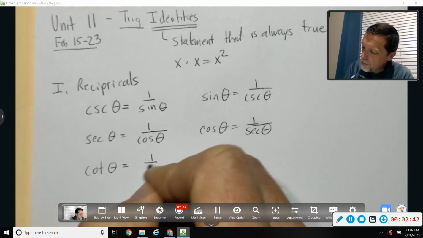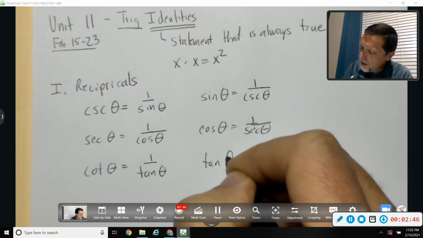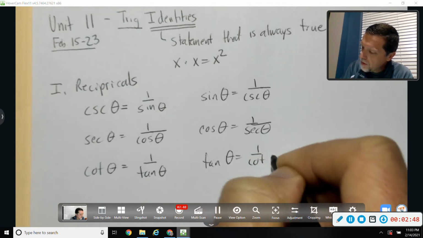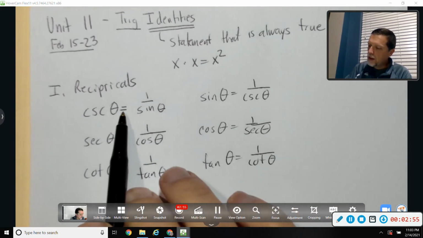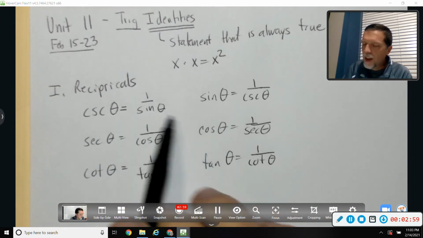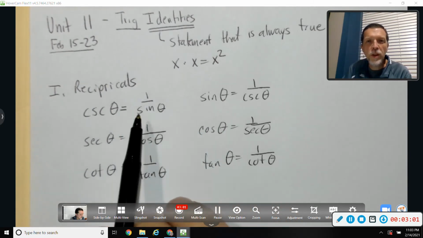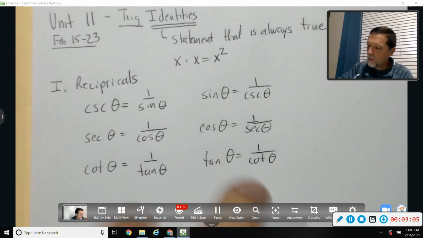Cotangent is the flip of tangent, and tangent is the flip of cotangent. That's how we learn these things from the get-go. When we were writing down the 6 ratios, we learned them as who their reciprocal partner was. So I think we know this already.